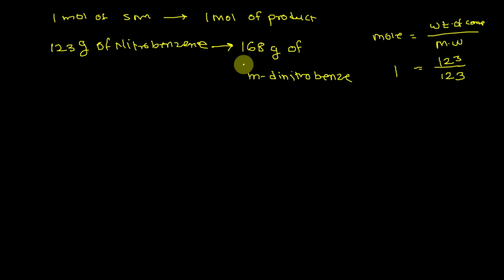These are the molecular weights of starting material and product. Now in our reaction, how much nitrobenzene have we used? We have used 10 gram of nitrobenzene. So suppose 10 grams of nitrobenzene will give you X gram of metadinitrobenzene.